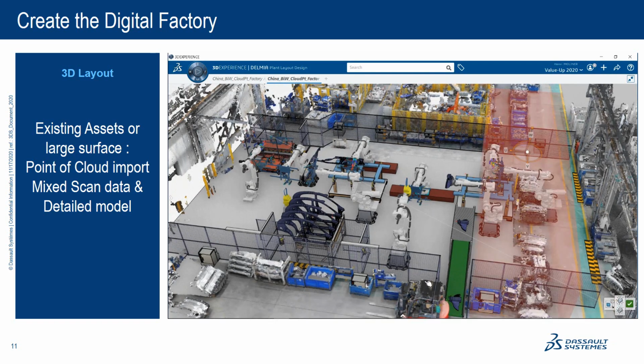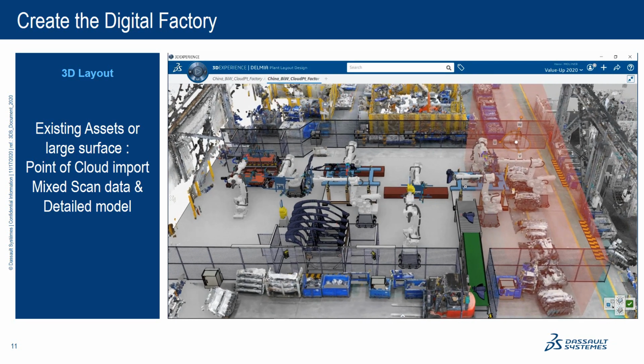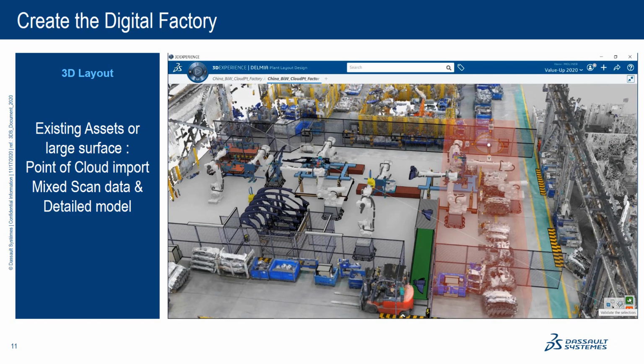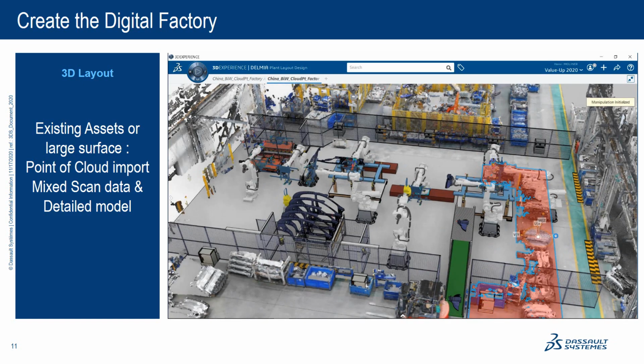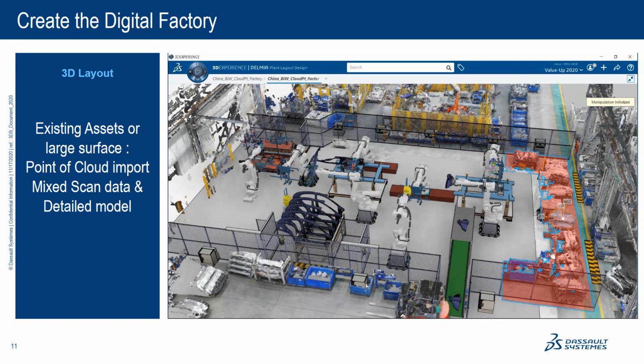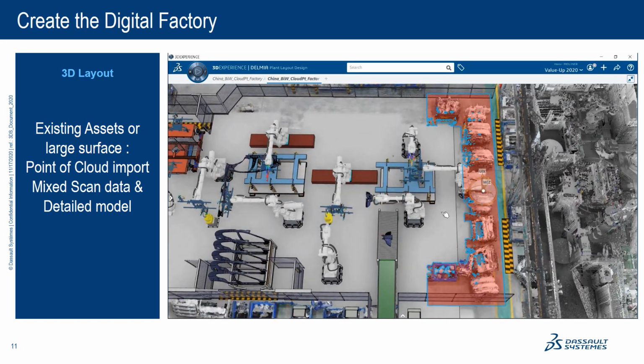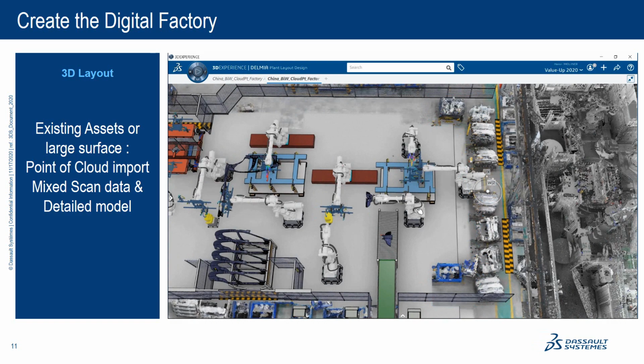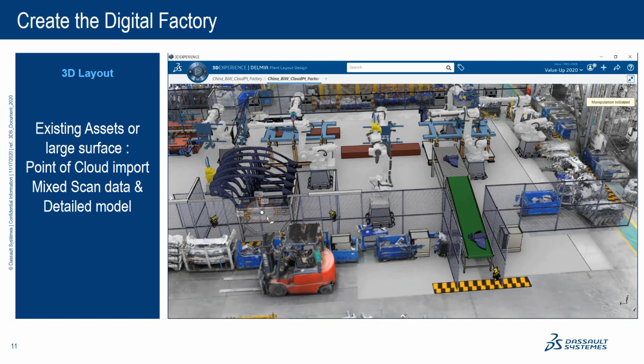What you can see there is that we bring a detailed model of the equipment, of the robot, and we can mix those two pieces of information together and start to manipulate. So it's a way to start having a 3D representation of your layout.